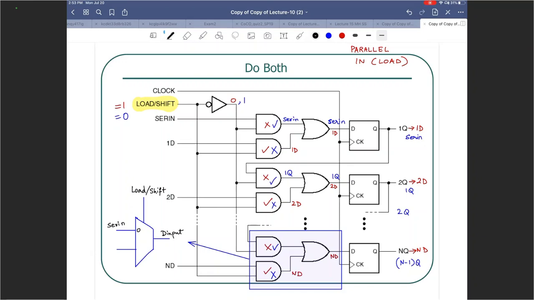And when the load/shift signal is 1, the one that we did in red, what do you have there? That's when you are doing the parallel input. So we can do serial and parallel load both over here. All right, questions so far?